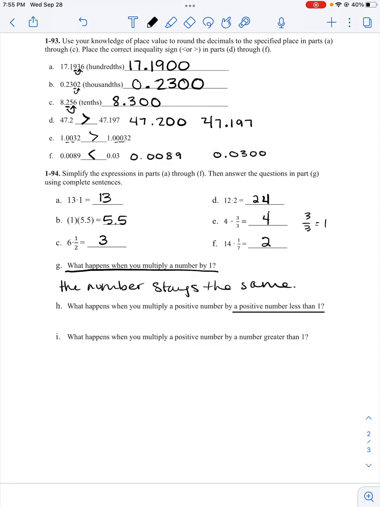Well, my fractions that I multiplied by, the number got smaller. And if I multiply by a positive number greater than 1, like in part D, and, well, I think that's the only one that multiplied by a number greater than 1, the number got larger.